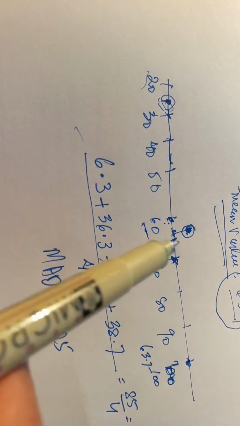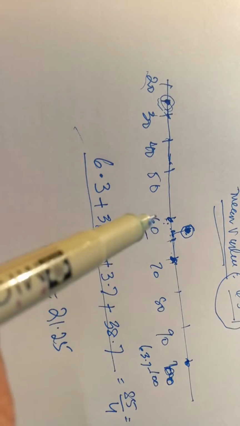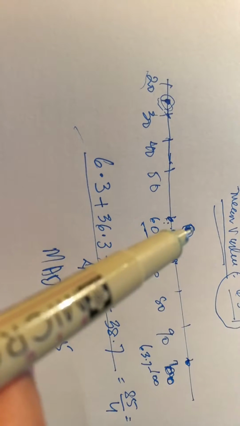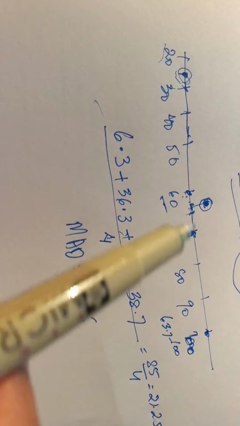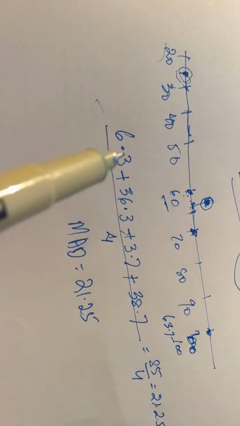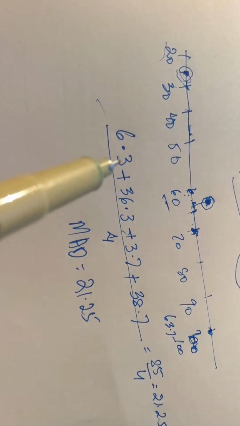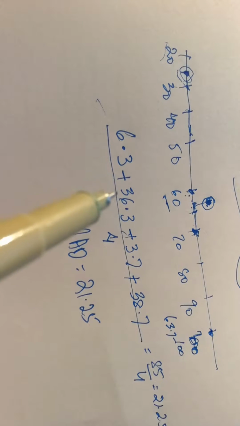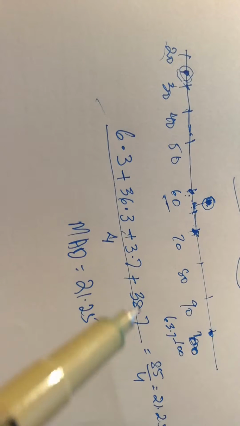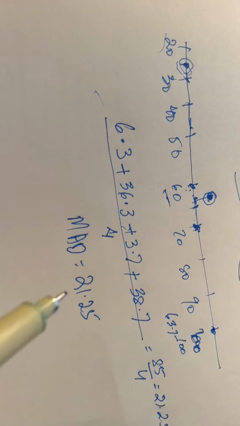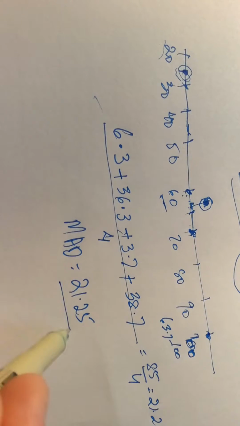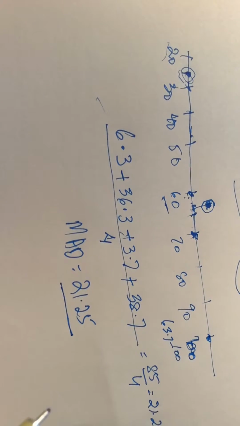What you do is you take the distance from the mean, the absolute value. So even if it comes negative, you just take the positive value. You find the difference, take the positive value, add them together, divide it by 4, and you get a value. And this is how you find the mean absolute deviation.